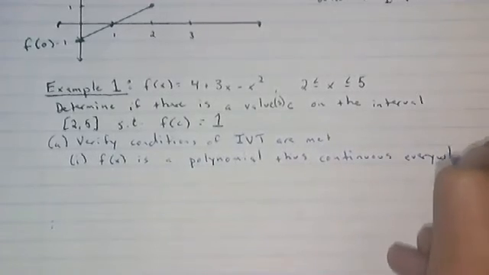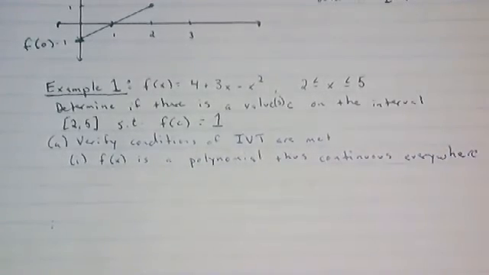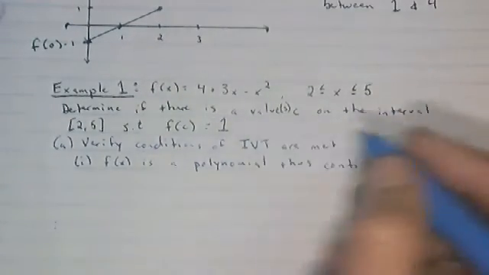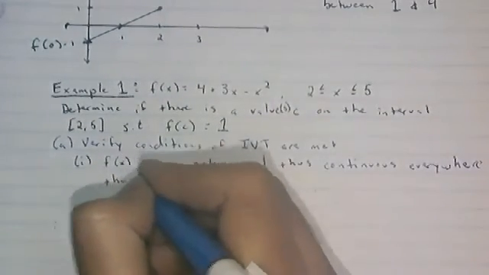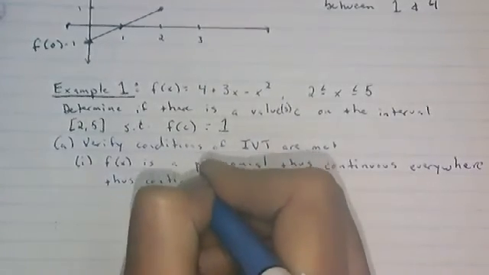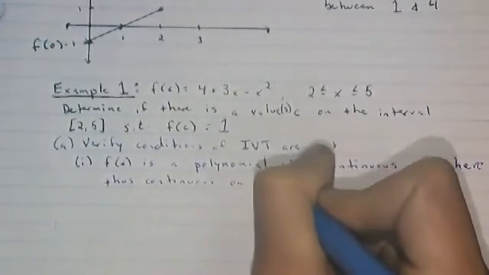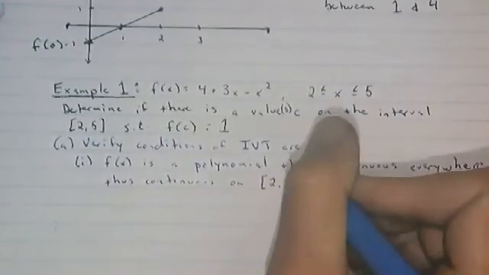Well, if something is continuous everywhere, do we think it's continuous on the closed interval between 2 and 5? Yes. Thus continuous on the closed interval from 2 to 5. That wasn't too bad.